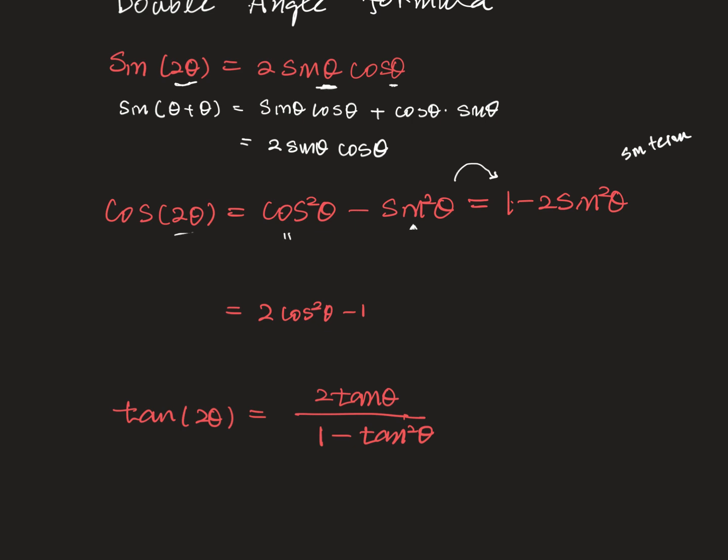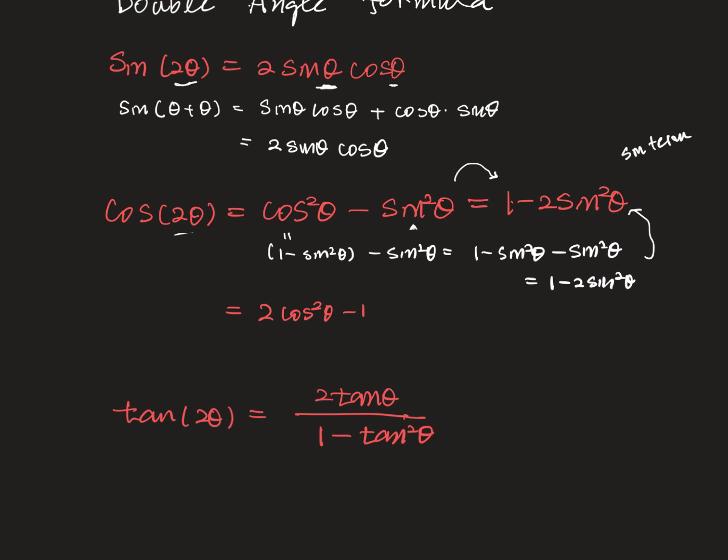So cosine square theta is 1 minus sine square theta, then minus sine square theta. That is 1 minus 2 sine square theta. So for the double angle of cosine, you can use only sine.